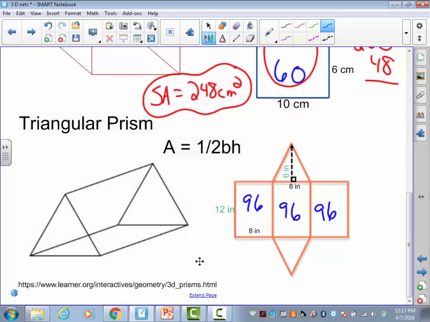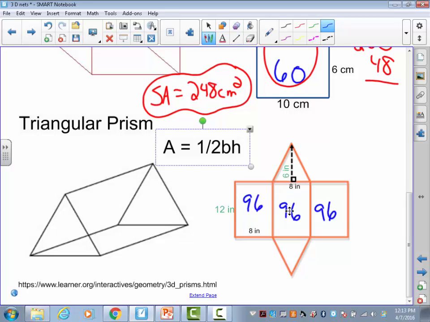The only thing we have left are these little ear flaps that are triangles. So this is where our area of triangle comes in. So we go to our formula over here, and we've got a base of 8, a height of 6. Remember, we know the 6 is the height because it is perpendicular to the 8, to the base, creating a right angle.